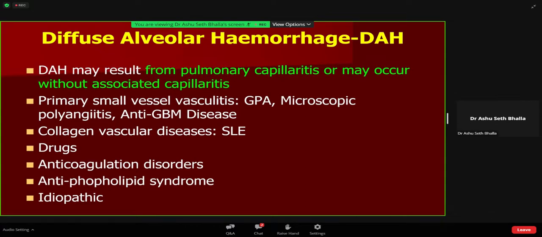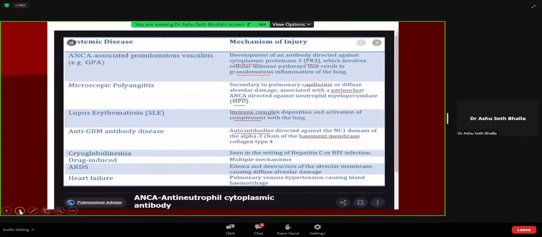So some texts would classify this as DAH without associated capillaritis, and some would create a third category of DAH associated with hyaline membrane. Whenever there is hyaline membrane formation, there is an exudation, and you can have some amount of hemorrhage. So this is the classification of DAH.